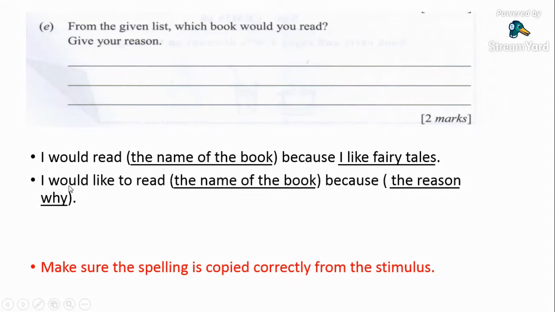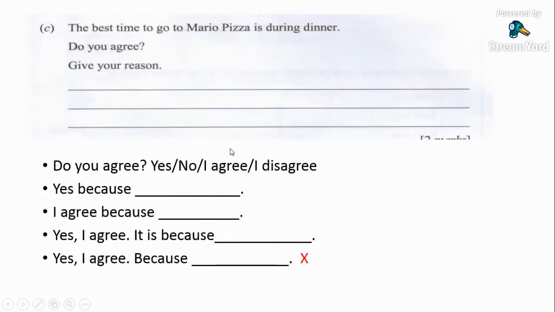Okay, so if you're confident, I would like to read the name of the book because the reason why. This is very easy. You just take an answer. But you make sure the spelling is copied correctly from the stimulus. எதுனா the name of the book. So எது from the given list. So you make sure you copy the name of the book, you copy it properly lah. Capital letter, spelling, must check. Okay, next. Let's say questions come out like this.